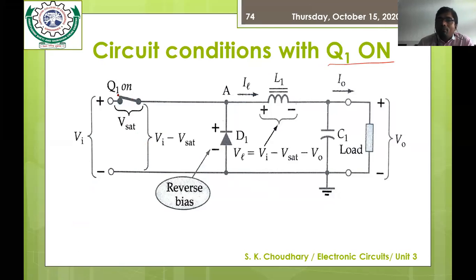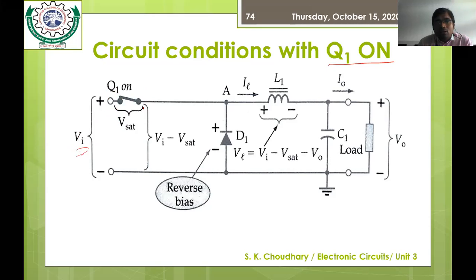But if you are using a BJT, like we have shown in the circuitry, it operates in the saturation region to act as a switching device. So in the first case, when Q1 is on, this transistor is biased in the saturation region. It acts as a closed switch, and this is the input DC voltage.